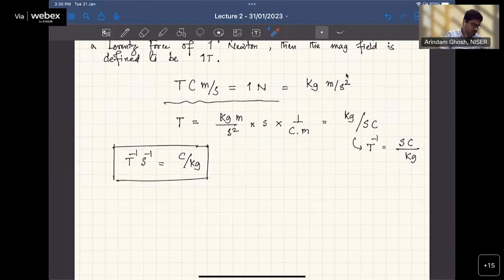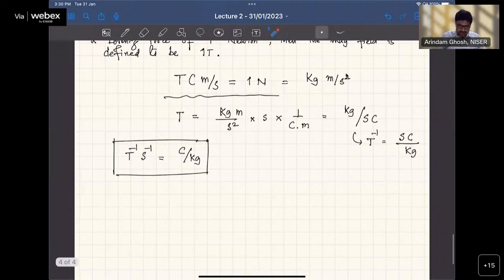So let's go back to what we are doing. Let's start from the electron, because we have started from electron. Suppose you want to calculate the Larmor frequency of electron in a certain magnetic field.